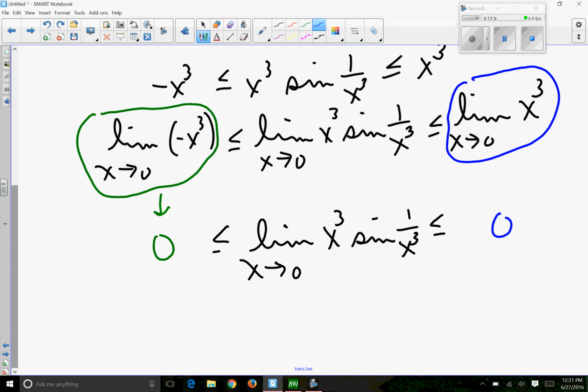So this limit that's sandwiched in between these two, green and blue, must equal 0. Since the limit in the green is 0 and the limit in the blue is 0, the limit of x cubed times the sine of 1 over x cubed as x approaches 0 must equal 0.